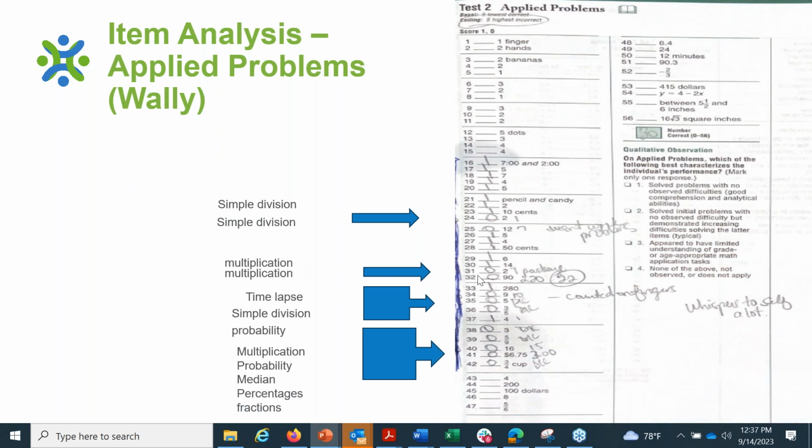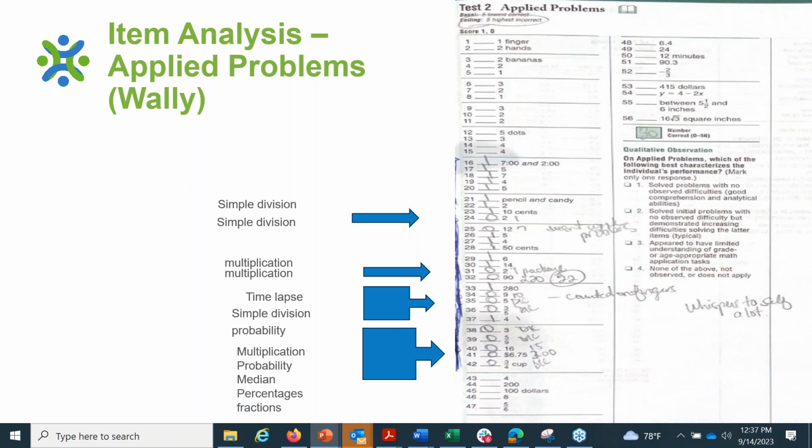Multiplication was an area. He had trouble with some of the tasks that require time lapse. Simple division again, probability was an issue. And then as we go down to where he hit ceiling: multiplication, probability, there was an item where he had to figure out the median score, percentages and fractions.